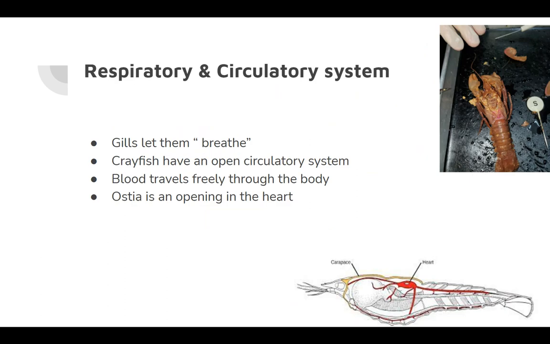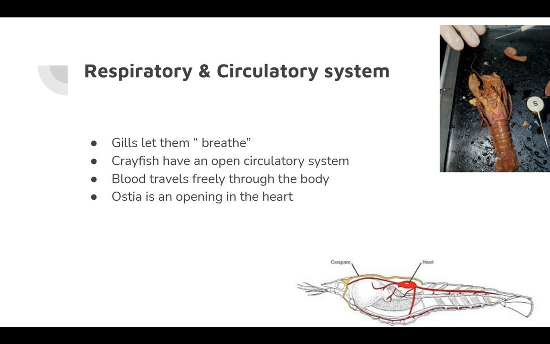All right, so the gills let them breathe. The gills are like a feathery, almost tentacle type thing in the front of their body, and it traps the oxygen and lets them breathe. The crayfish have an open circulatory system, so it's basically not a closed one, and the blood travels through the body.